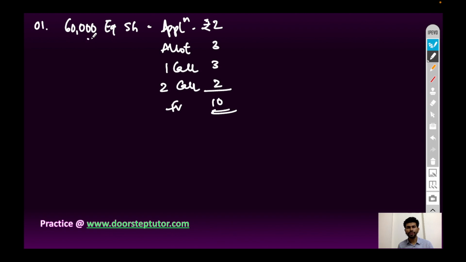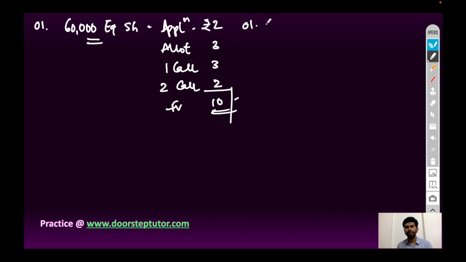So the company has issued 60,000 equity shares and the face value is divided into 4 parts: 2 rupees on application, 3 rupees on allotment, 3 rupees on first call, and 2 rupees on second call. Then what will be the journal entry?